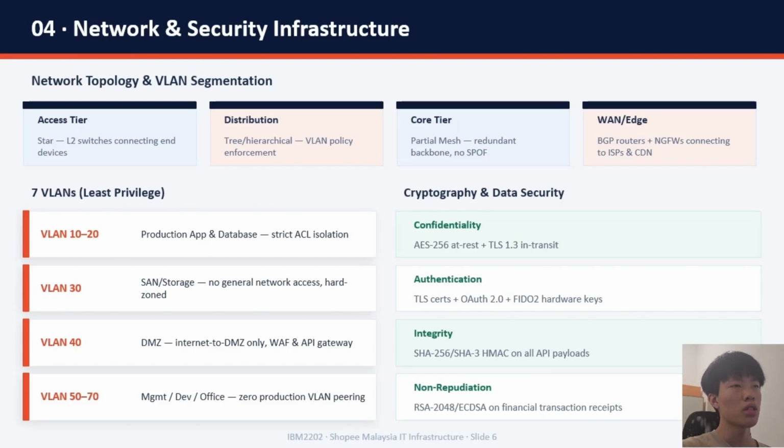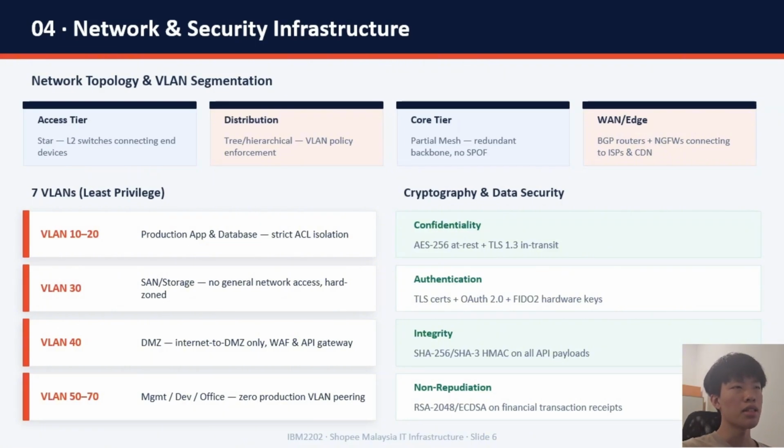The WAN edge connects to ISP CDN points of presence and payment network partners via BGP routers and next-generation firewalls. We segment the network into 7 VLANs, applying the least privilege principle, so no segment can initiate communication with a more sensitive segment without explicit policy authorization.